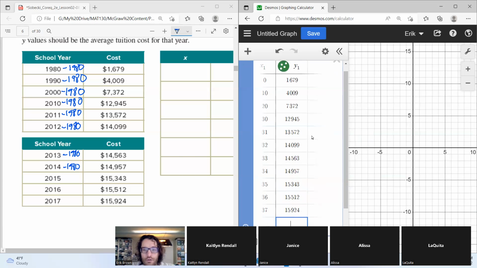So I'll pause here and you all let me know when you've got this table copied into Desmos.